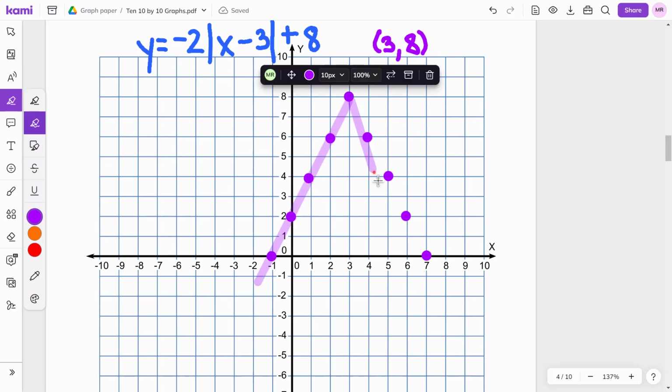So hopefully that helps you graph an absolute value graph just by understanding how to graph the parent equation, then being able to find your vertex using what makes the absolute value 0, and then this number will become your y-coordinate. And your stretch for an absolute value graph is really a slope.